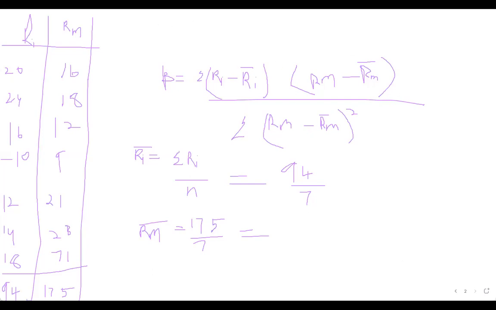So what do I get that as? 94 by 7 and 175 by 7. Let me just calculate it. You can calculate it in your phone and tell me. Ma'am, 94 upon 7 is equal to 13.42. 13.42.